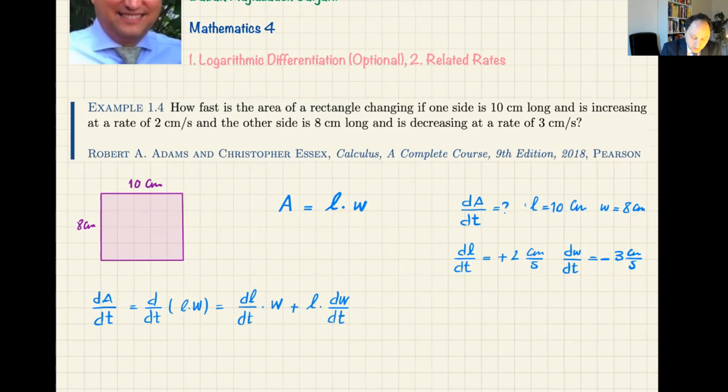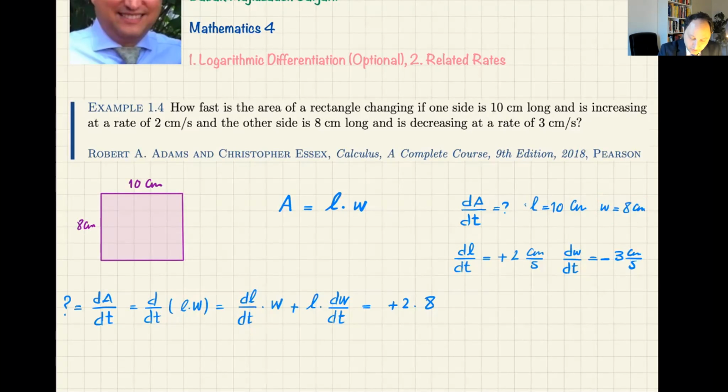Now everything, this is my question mark, and everything I have. What is dL/dt at that particular instant of time? It's positive 2. Multiplied. At that instant of time, W is given to be 8. So I would write 2 times 8.